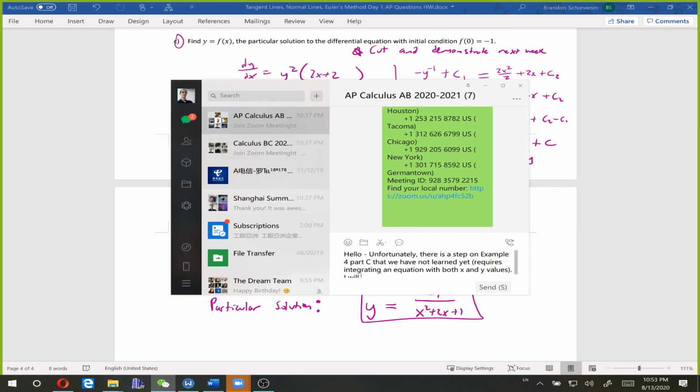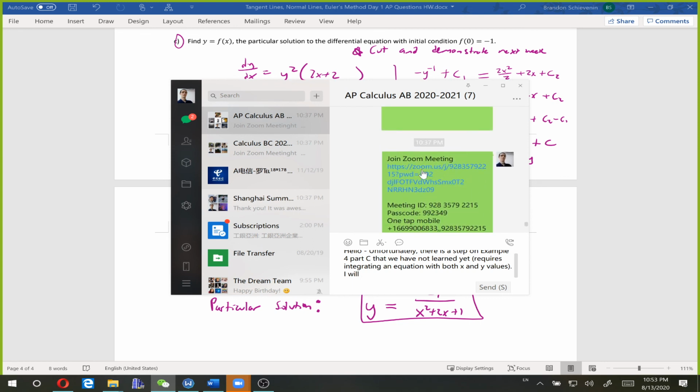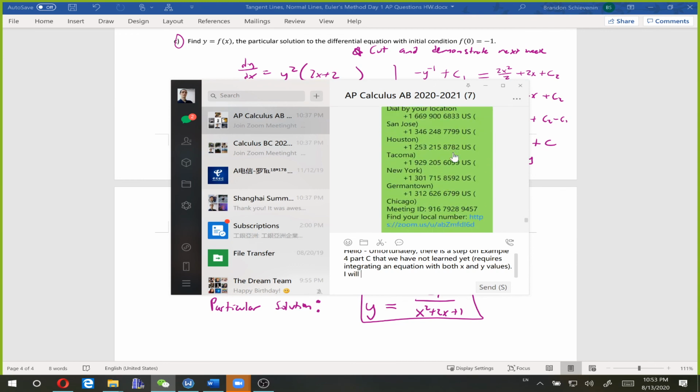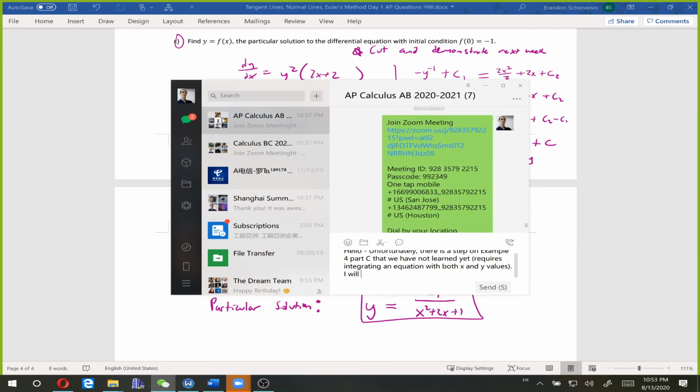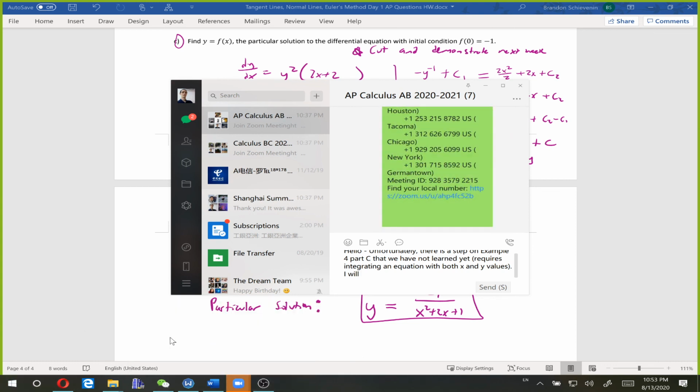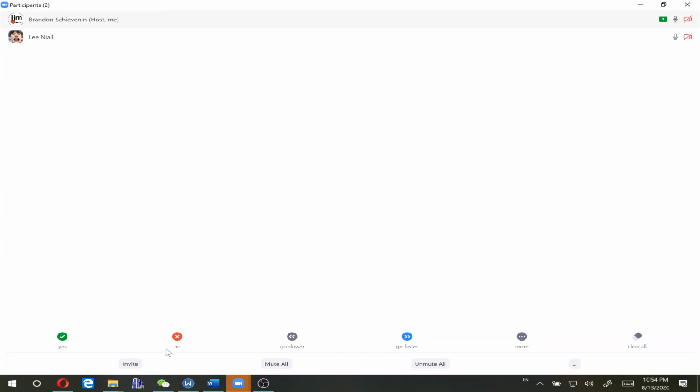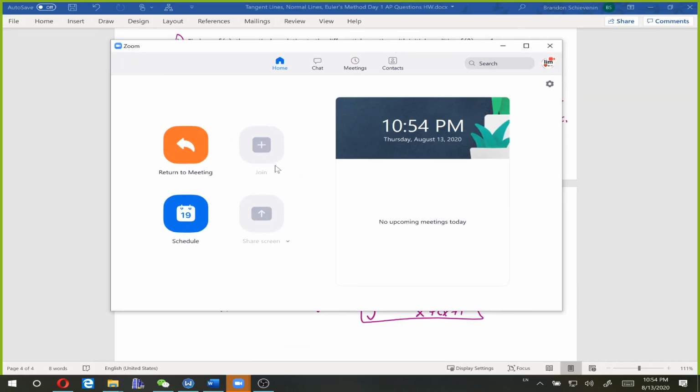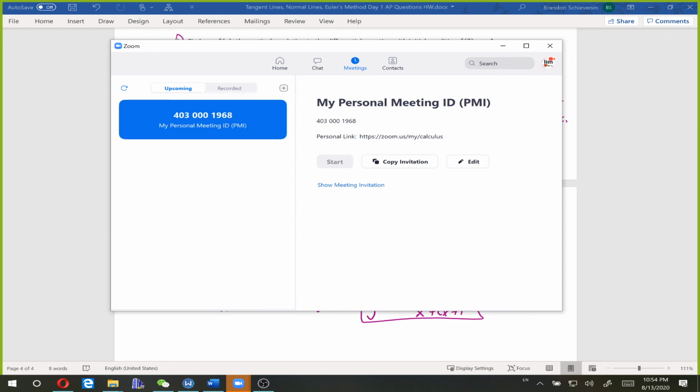But how am I gonna get the code? Do I have to join the AB group chat? These codes actually change. Can you join by my ID number instead? If not, just message me and I can send you a code. Sorry, still a bit new to this. Okay, we can try this.